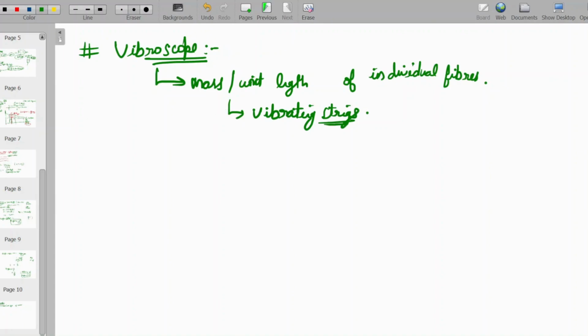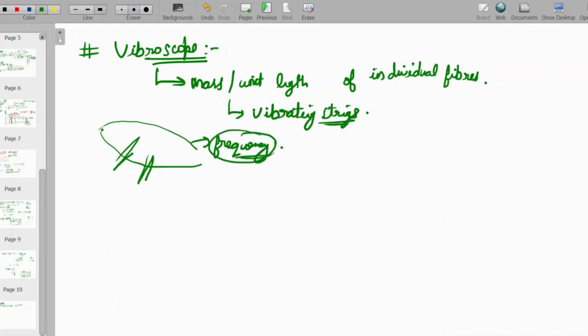You have read the wave concept at school level. The fibers are treated in a wave-like format and swung so that they form a wave-like structure. If a wave-like structure is formed, then frequency is generated. Because the fibers are in this manner, tension is also generated. Tension is one of the important parameters we take here.